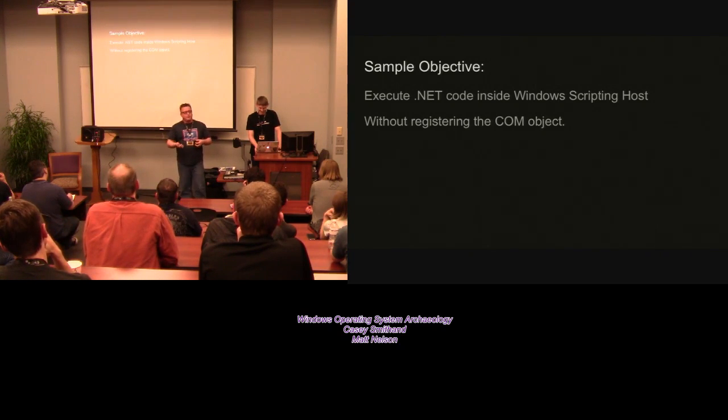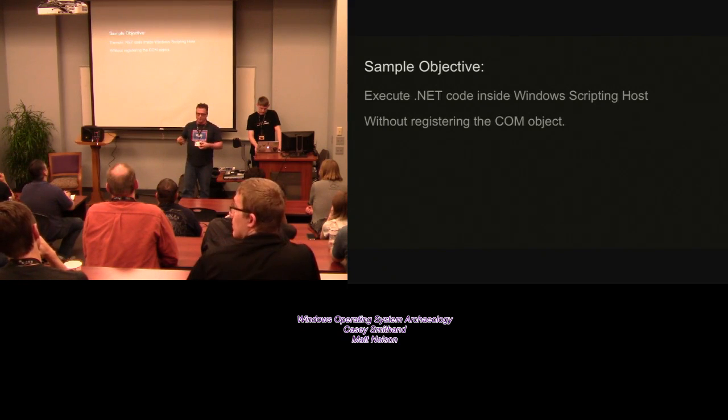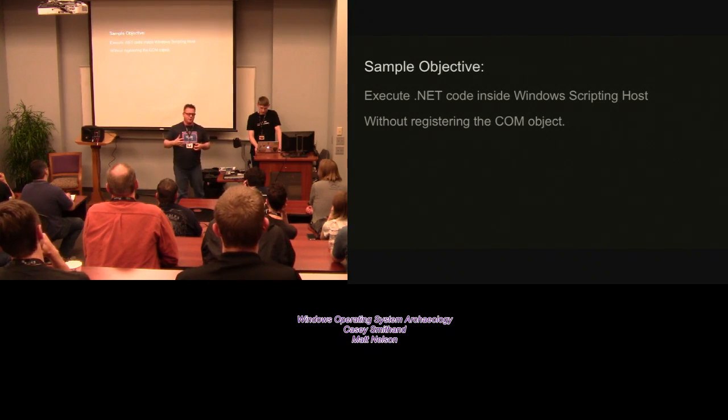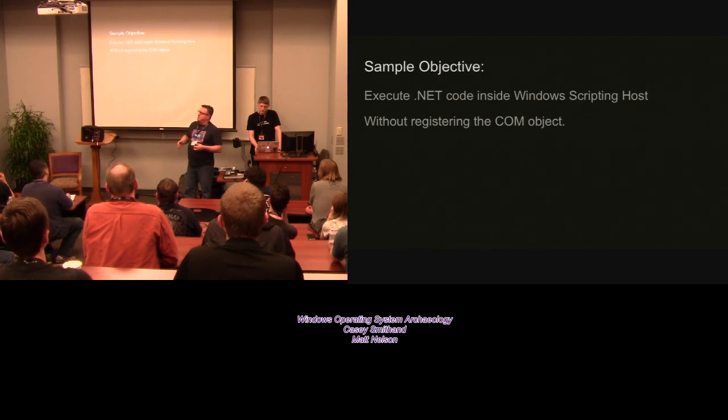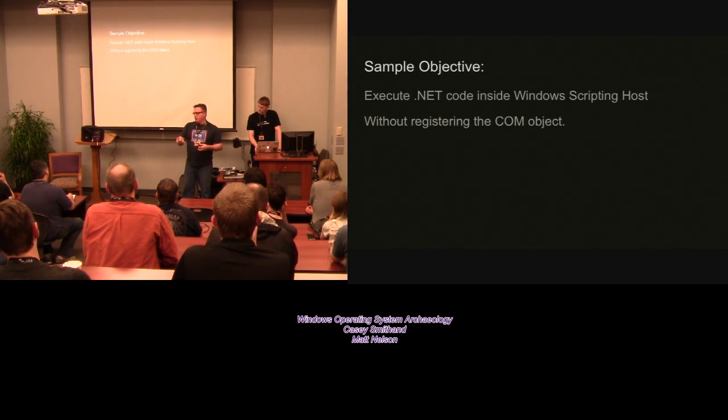But if I can get VBScript to load my .NET assembly, which gives me full access to the Win32 API, now I can run shellcode in JScript or VBScript, and that's interesting to me. That's what these two or three tactics allow us to do with a COM object. Imagine somebody runs regsvr32, it reaches out, pulls down a text file, and executes shellcode. That's the capability we're talking about here.